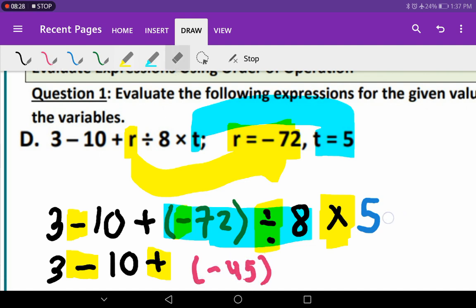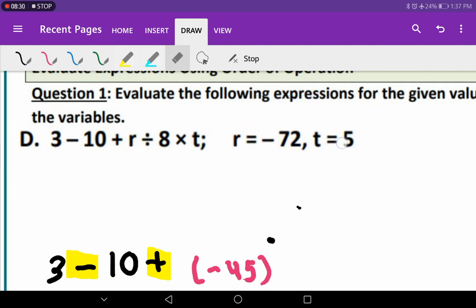Okay, let me clear this. I don't need it anymore, and this makes my life easier. Now I have negative. Teacher, here we have plus and negative. My dear student, don't be scared. You can erase them. Clearly, plus negative is negative. It will be like this.